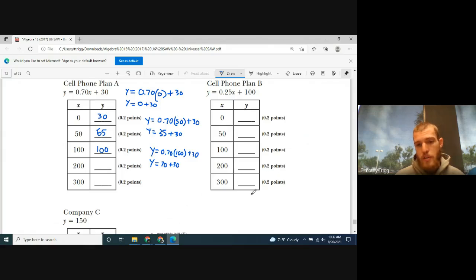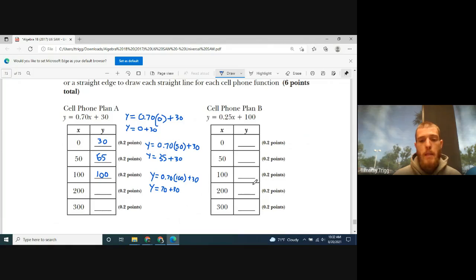For this one, it's more of the same. So for cell phone plan B, you're going to replace the X in the equation with each X coordinate. Okay, so replacing X with 0, this would be 0.25 times 0, well, that'll just become 0 plus 100. So that'll give you 100. Okay, let's go ahead and replace X with 50 in this one.